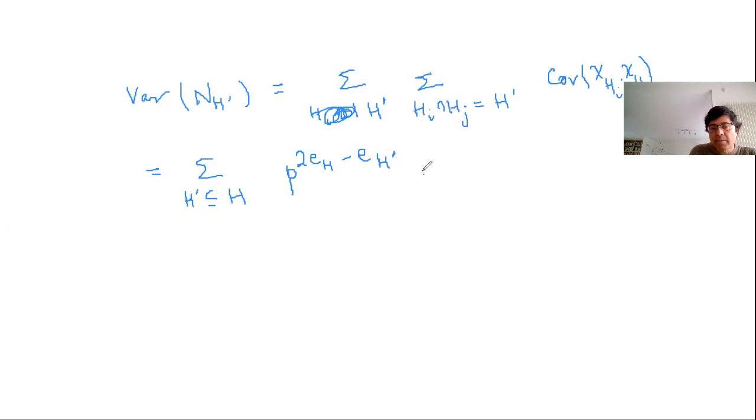We calculated the number of such copies to be n to the 2vh minus vh prime. And the sum is over subgraphs which contain at least one edge.